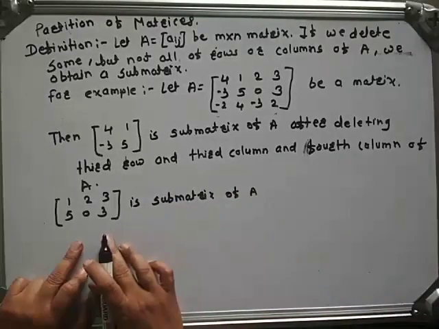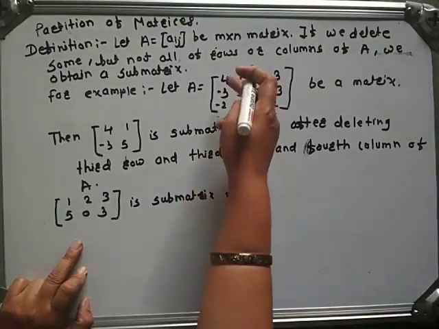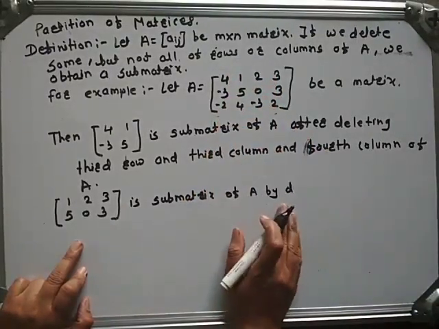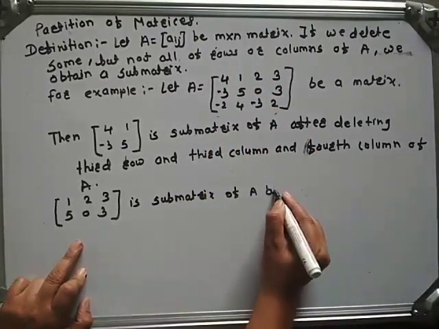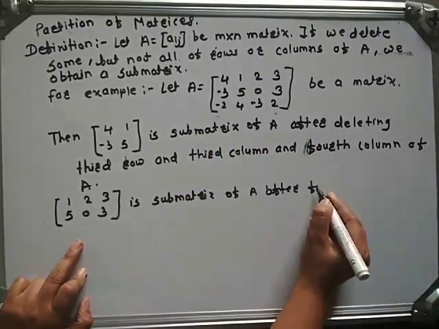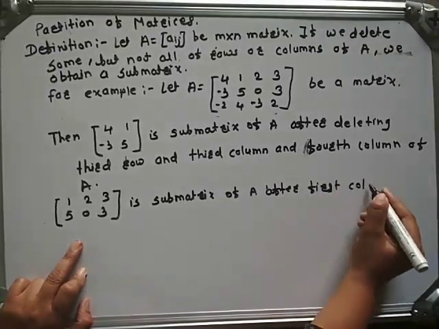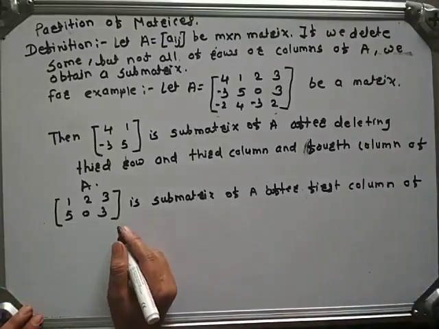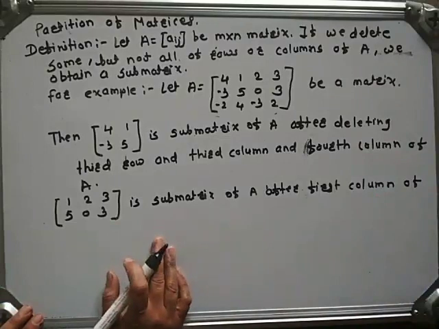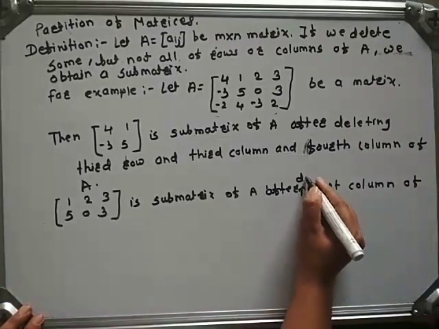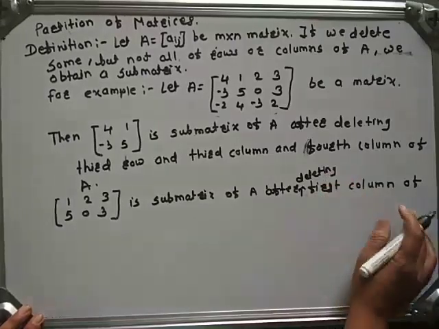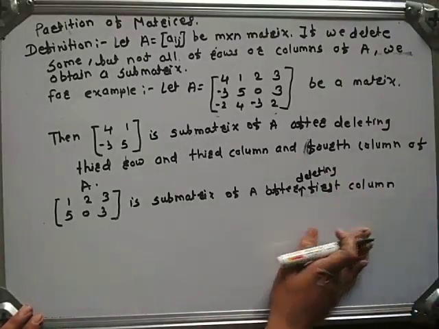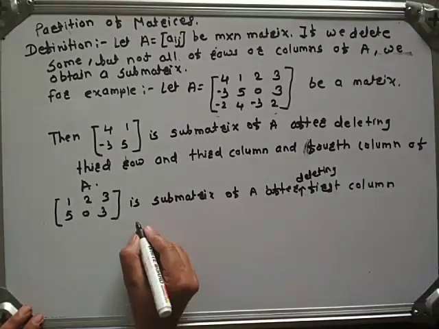It is obtained by deleting first column of A after deleting first column and third row of A.